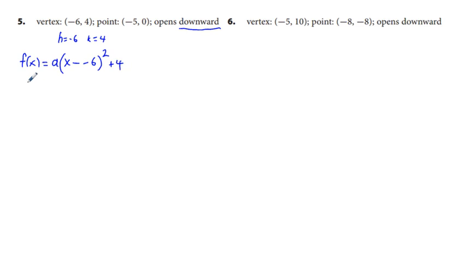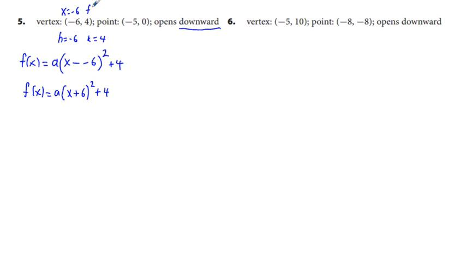And then now we have f of x is equal to a times x minus -6, which is x plus 6, squared plus 4.